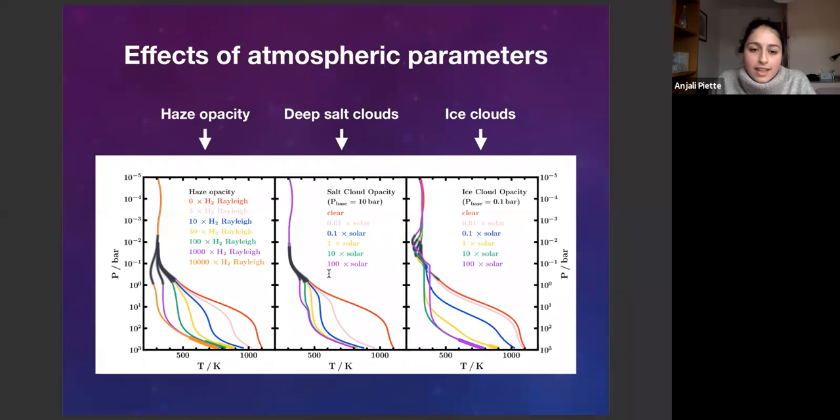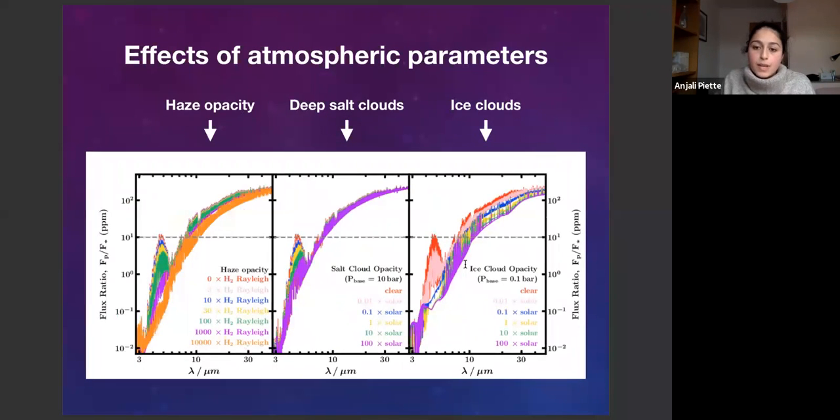So unlike the haze, where there's an effect on the photosphere in some cases, the photosphere here isn't greatly affected, but the temperature deep down in the atmosphere is affected still. And for the shallower clouds, because those clouds are very close or even inside the photosphere, they're making a difference to the temperature of the photosphere and also changing the temperature conditions deeper down in the atmosphere.